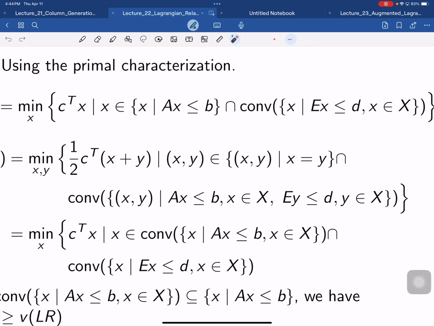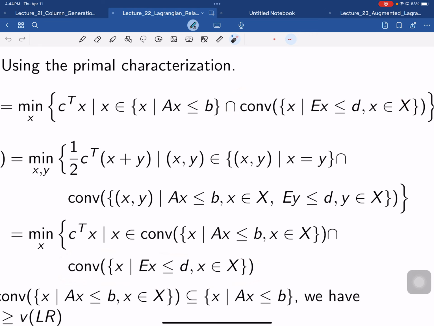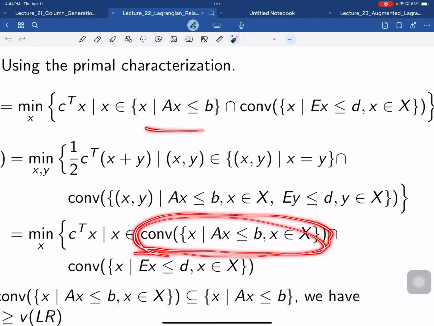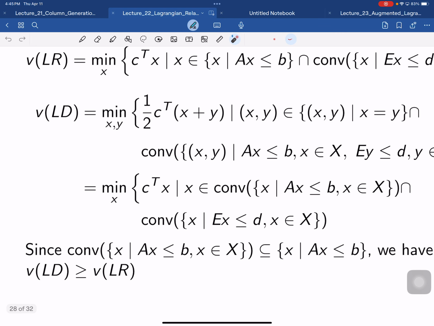First of all, it's easy to recognize that this part and this part are exactly the same, right? Then we only need to compare these two sets, right? This one and this one, right? Which set is bigger, which set is smaller. And it's very clear that the convex hull of ax less than or equal to bx being mixed integer is contained in ax less than or equal to b, right?